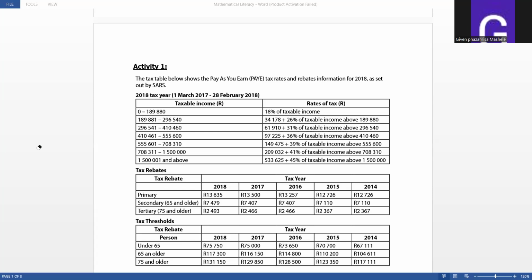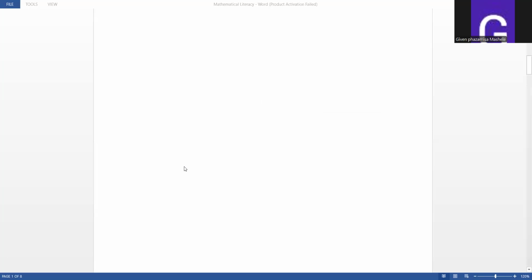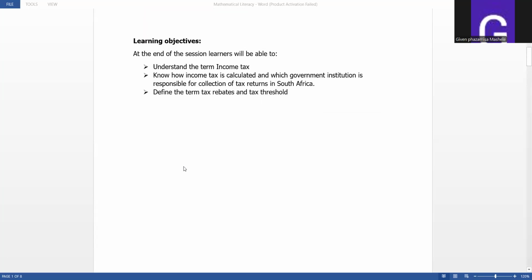Right. Let us now return to the previous page, so that we can explain how to calculate an income tax for an annual or for a monthly. Number one, we have what we call a taxable income. What is this taxable income?